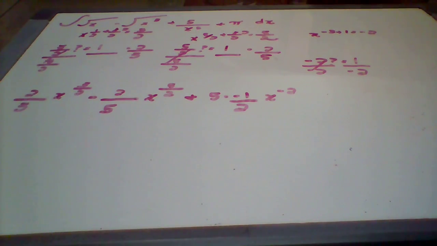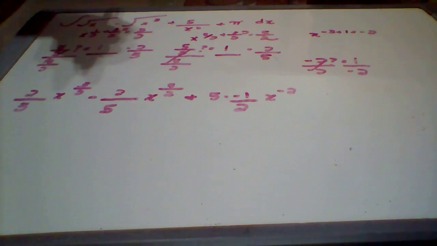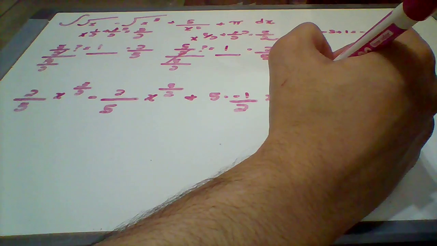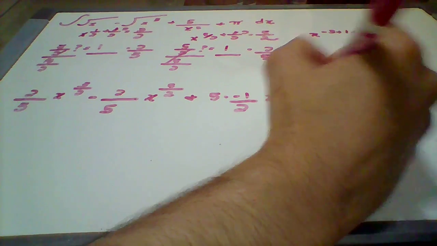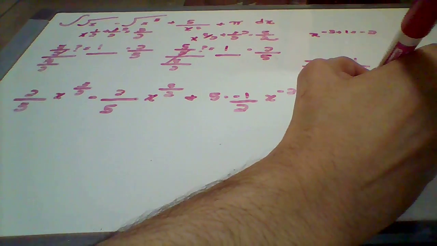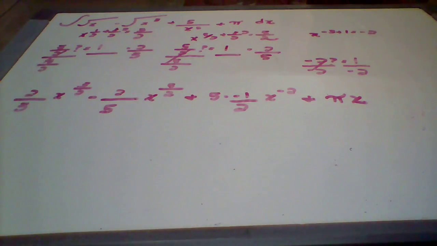The next term is a pi, and since that's a constant, its antiderivative would be pi x, because its derivative is pi.